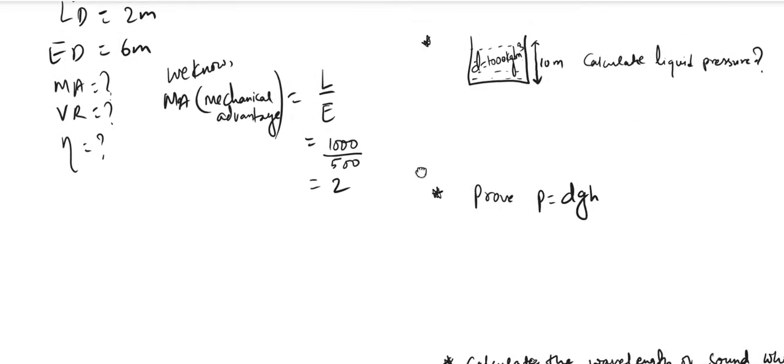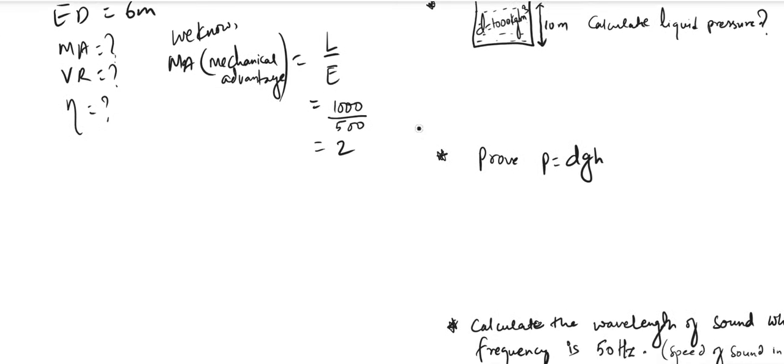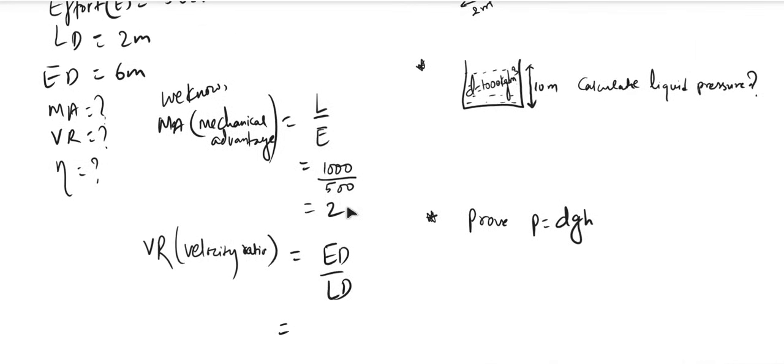It is the ratio of two loads, that's why it does not have a unit. Now VR is velocity ratio. So its formula is effort distance upon load distance. Effort distance is 6 meter and load distance is 2 meter. Meter cancels, 6 upon 2, that is 3.